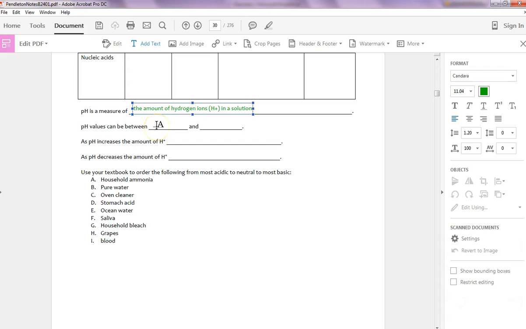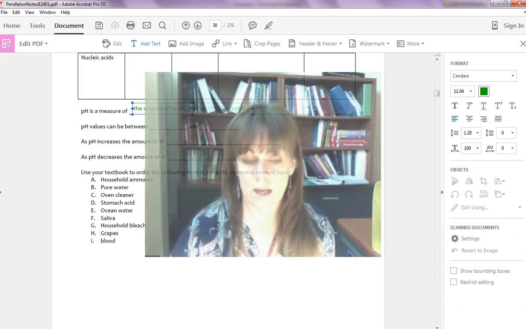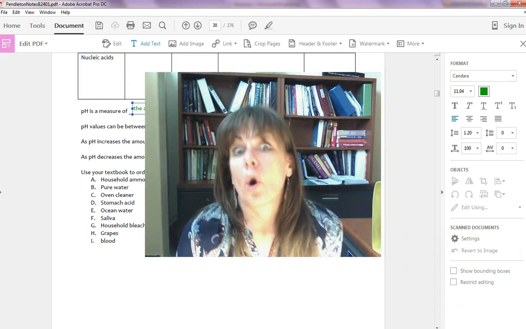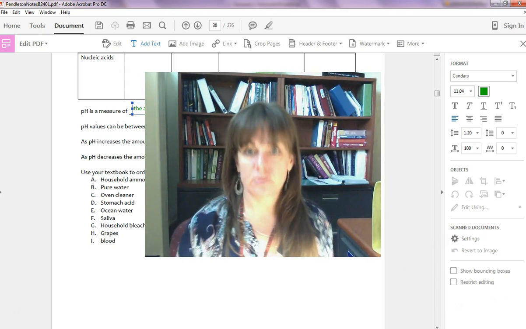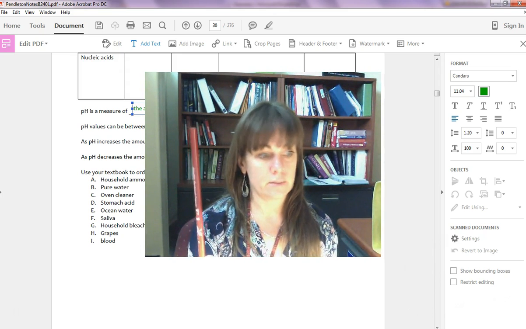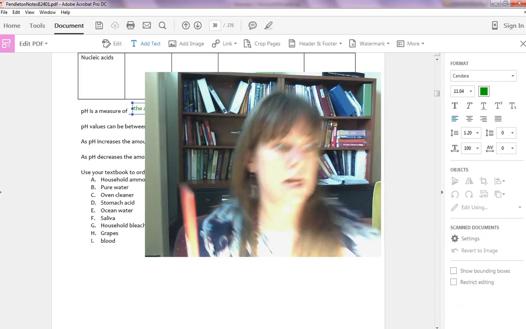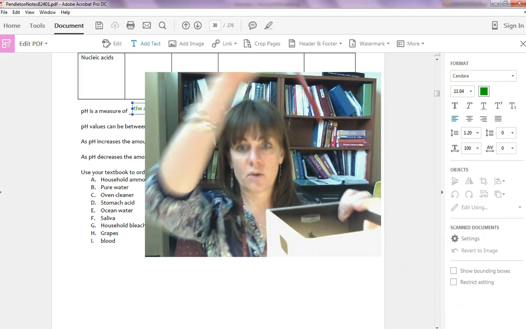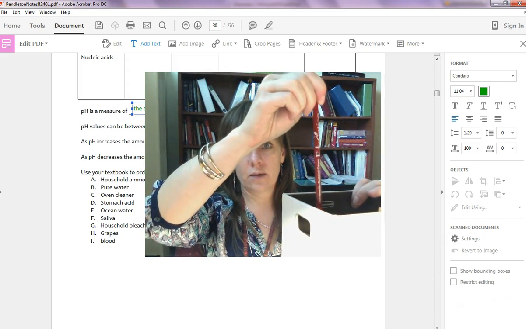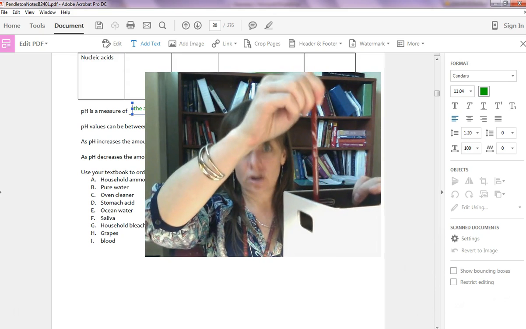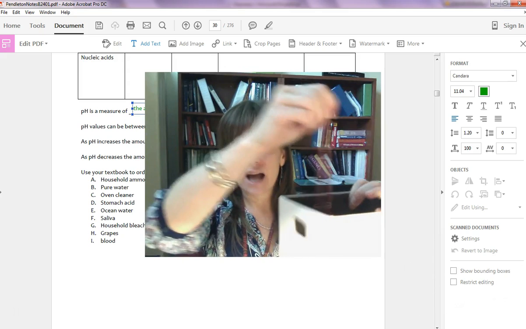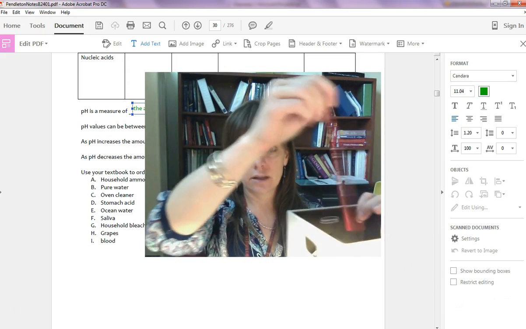And this is actually measured. When they measure pH, they take a probe. Let's pretend for a minute that this is a probe, and say this has liquid in it. I would stick the probe down in the liquid, and it will measure how many hydrogen ions are in that liquid.